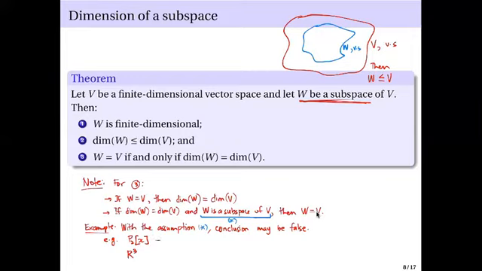The dimension of P2 of X is equal to 2 plus 1, which is 3. That's your n plus 1. And of course, you know that the dimension of R3 is equal to 3. So these two have the same dimension, but they are not equal.